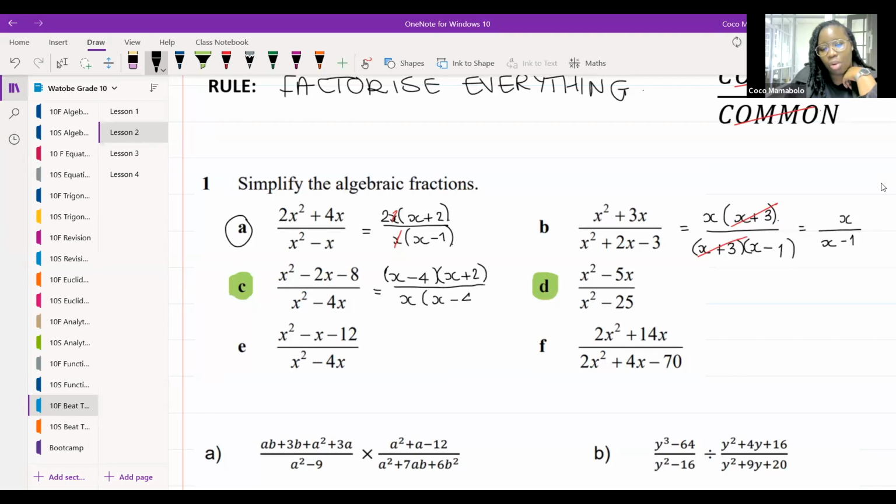Wonderful. Excellent. So our answer would be? The numerator is x plus, oh, you cancel x minus 4 and x minus 4. Good. So our answer then would be? X plus 2 over x. You rock star, you.